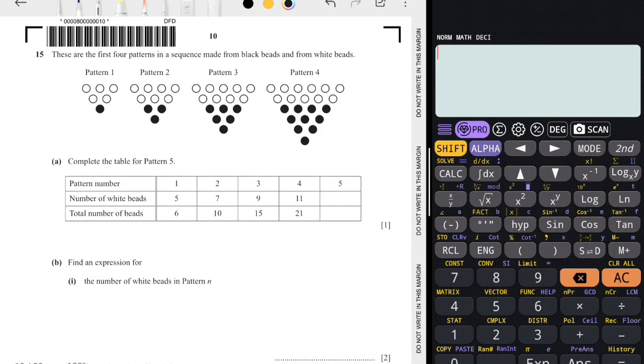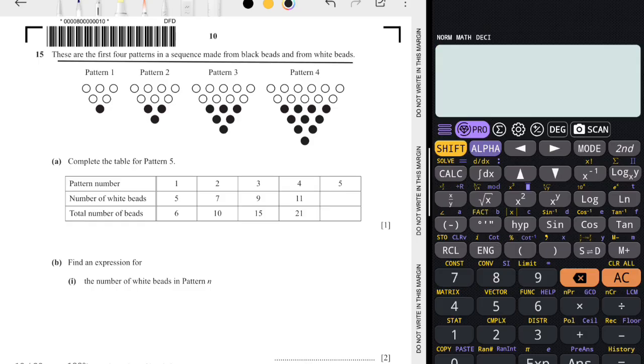Question number 15. There are first four patterns in a sequence made from black beads and from white beads. Here are four patterns, and the table shows the number of white beads and total number of beads. So we have to complete this table by observation method.